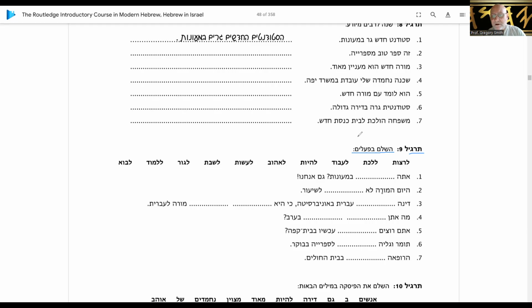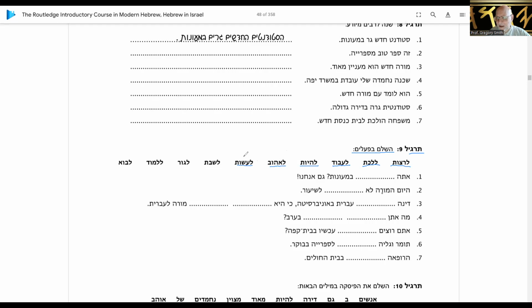Okay, so we've got this one here, lirtzot. Lalechet means to go, I think. La'avod, that comes from aved, meaning to work. Lihyot, that's to be. Le'ehov, I think it comes from ahav, to love.